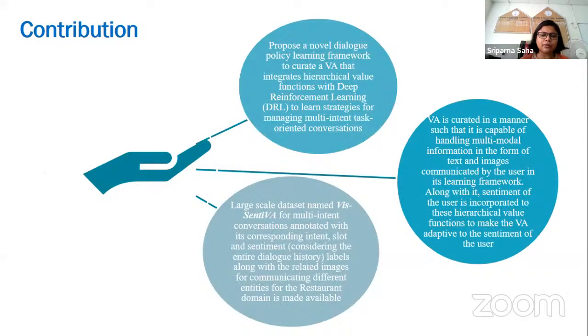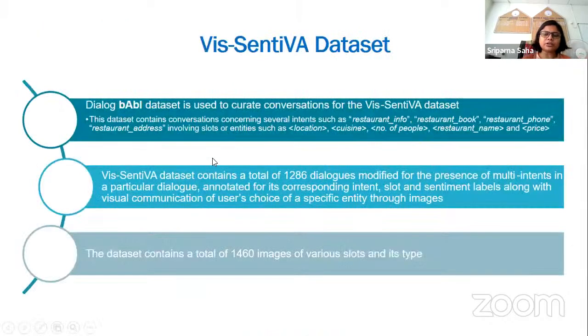We developed a dataset called vCenti VA. In this dataset, the user converses with the agent not only through text but also through images, and each utterance is annotated with the corresponding intent label, slot labels, and sentiment labels.